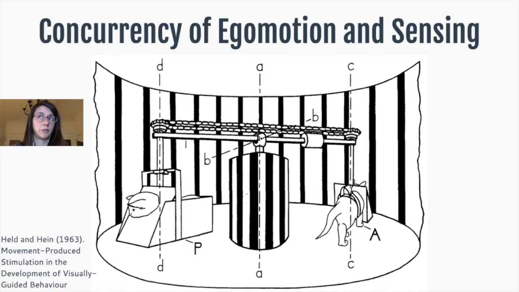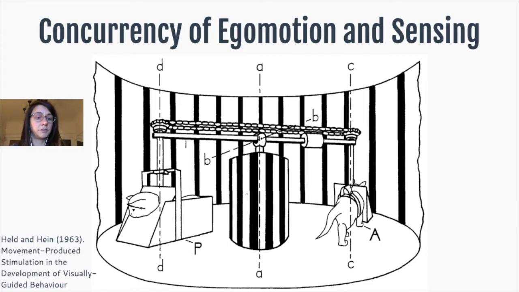These are the kittens who also move through the same environment, but they are not controlling this movement themselves. While the kind of activity that these kittens are undergoing is very different, they are moving through the same range of visual stimuli. The active kittens have control over this visual stimuli. The passive kittens do not have control.